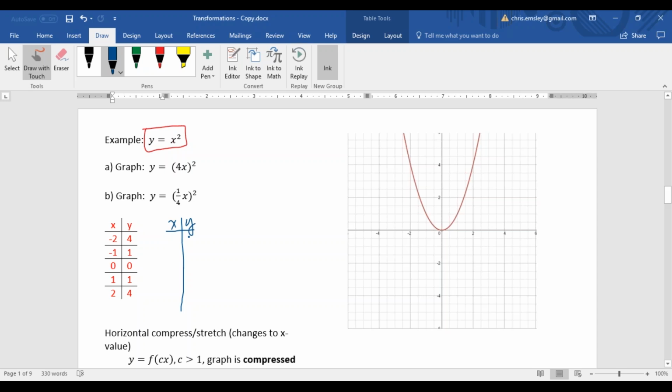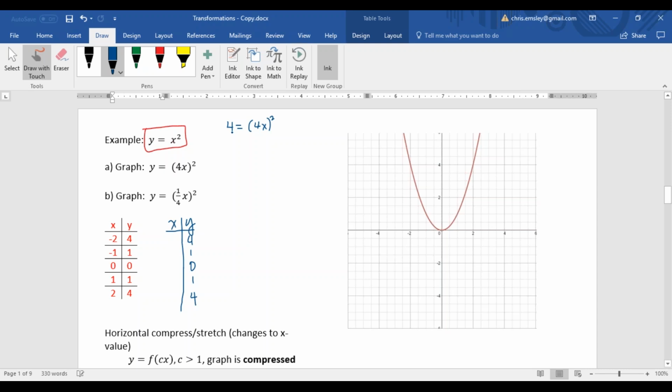Okay, and again, I'm going to start with my y values and work backwards. Because what you're going to see eventually, when we summarize this at the end, is anytime we have a change inside the function, in this case inside the parentheses, that's going to be a horizontal change. So it's my x values that are going to change around.